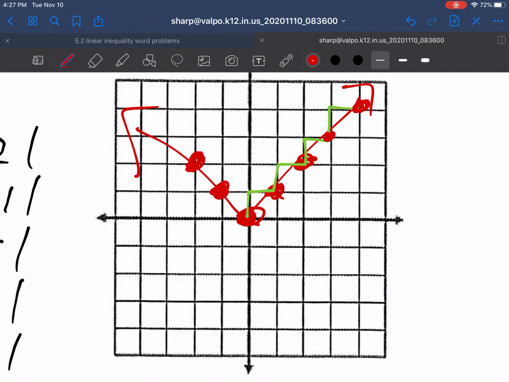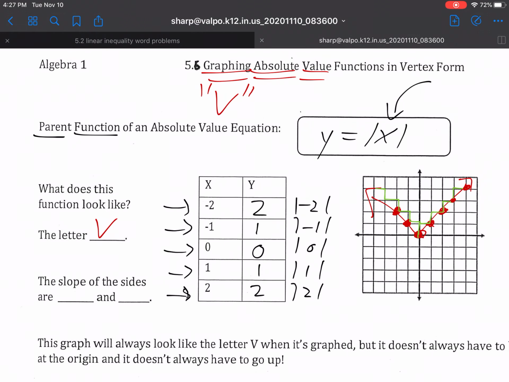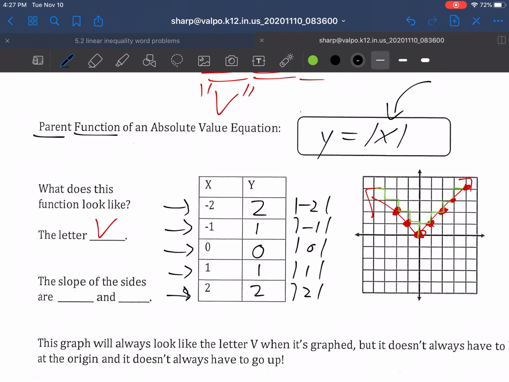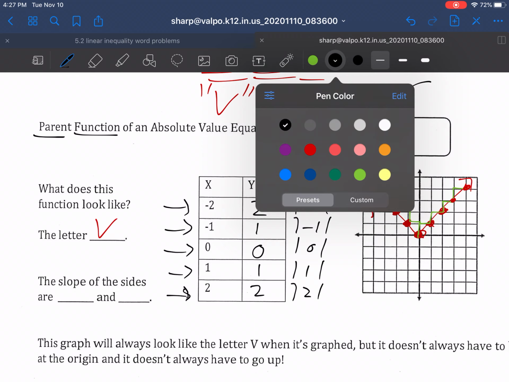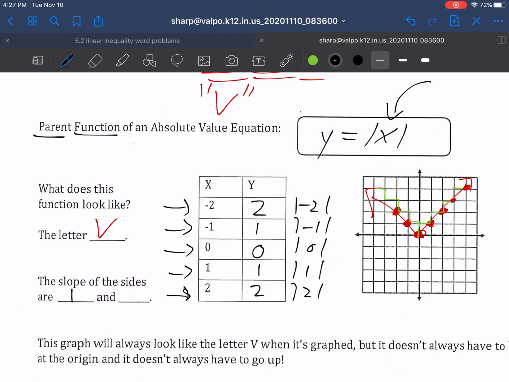But if you keep rising 1 and running 1, your slope is going to be 1, and you can do the same thing the other way by going up 1, backwards 1, up 1, backwards 1, so on and so forth. So the slope of these graphs is 1, but also -1.